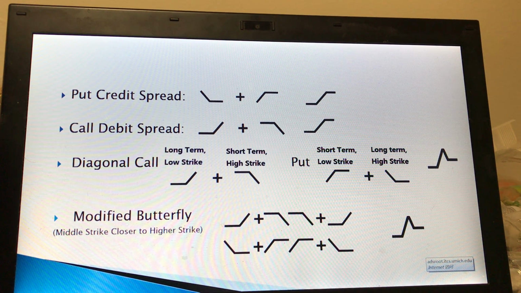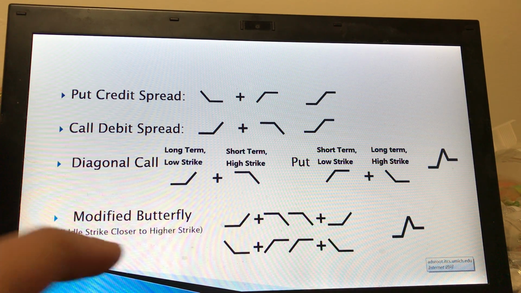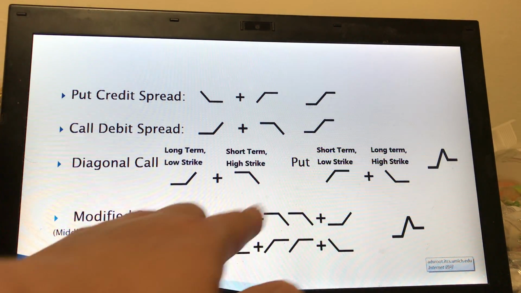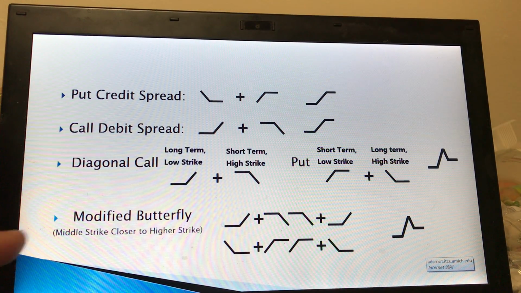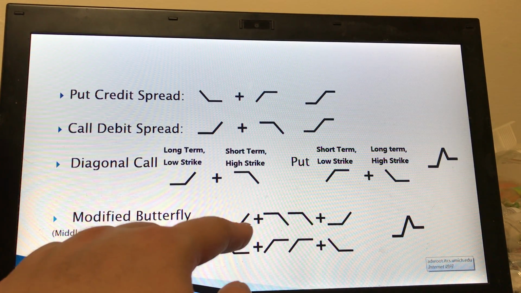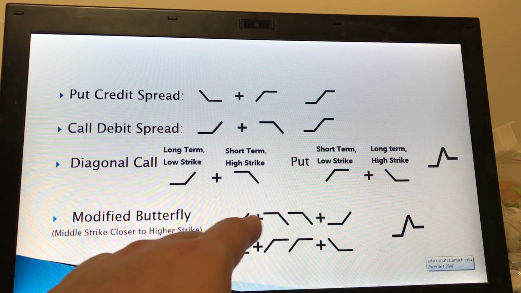This is quite similar to a modified butterfly, which has the same formulation as a simple butterfly. However, for example, for the call option, this is a long call, these are two short calls, and this is also a long call.